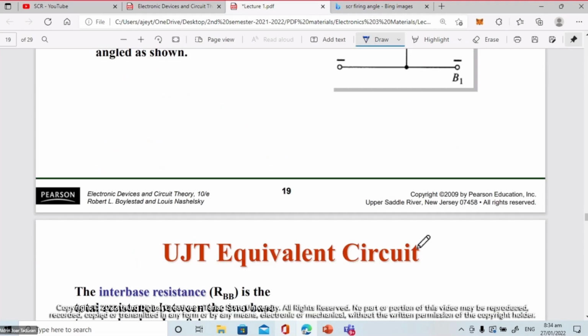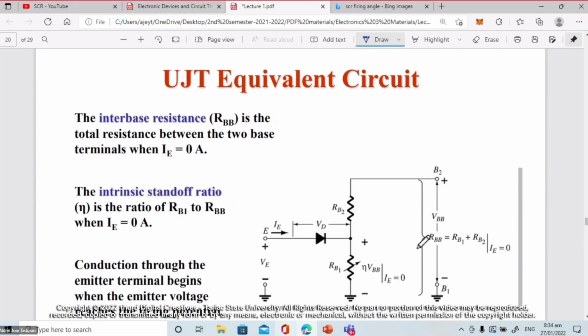So yung base and B1, kung saan magkakaroon yung conduction natin. Okay, so UJT equivalent circuit, the internal base resistance we call the RBB. Ayan, ito yung RBB natin, internal base resistance, is the total resistance between the two base terminals when IE is equal to 0. Okay, so ito yung RB2, RB1, so naka-potentiometer siya para dito yung control natin. Okay, yan yung control natin.